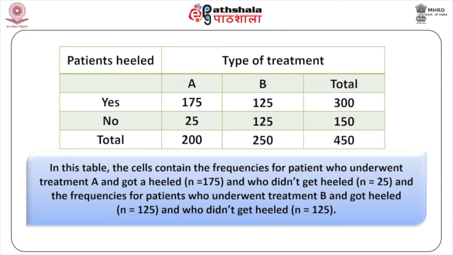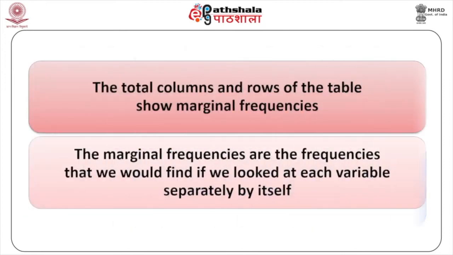And the frequencies for patients who underwent treatment B and got healed is n equals 125, and those who did not get healed are 125. The total columns and rows of the table show marginal frequencies. The marginal frequencies are the frequencies that we would find if we looked at each variable separately by itself.